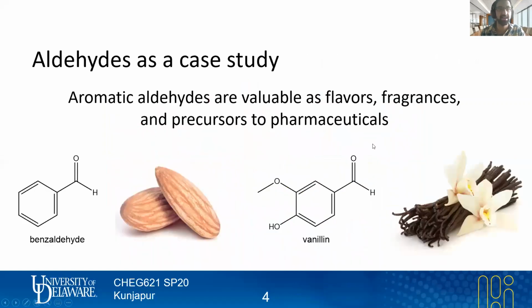So with that, I want to introduce aldehydes as a case study. The thing to know about aldehydes is that they're a class of chemicals with many industrial uses. There are big differences in the properties of an aldehyde based on its full chemical structure. For example, the shortest aldehyde, formaldehyde, which you might remember from doing dissections in elementary school, or maybe in modern times they've removed formaldehyde as a preservative.